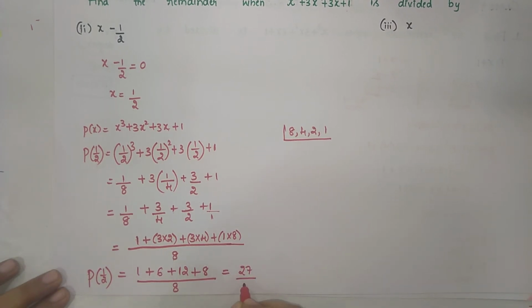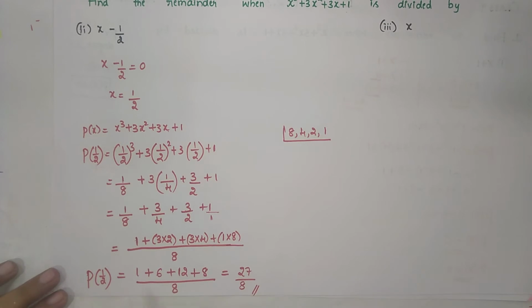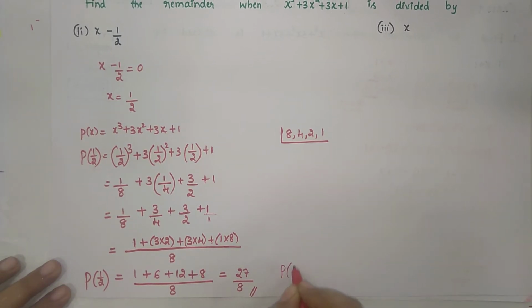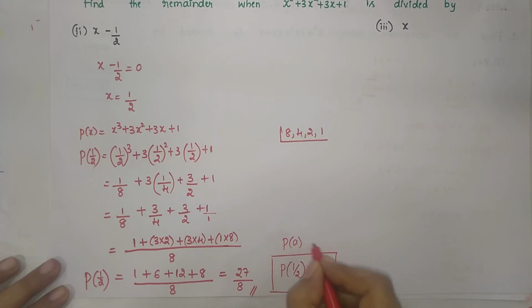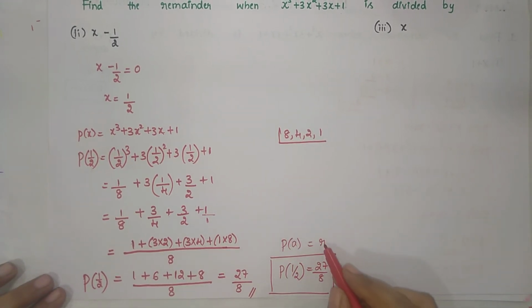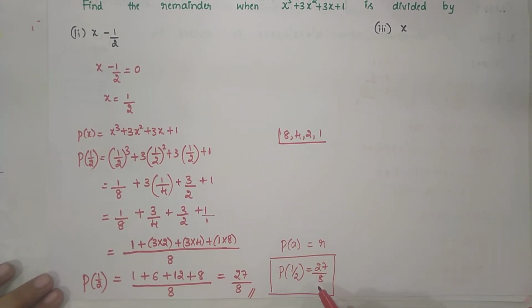So it is equal to 27 divided by 8. That is P of 1 by 2 is equal to 27 divided by 8 and it is in the form of P of a is equal to R. So the remainder is 27 divided by 8.